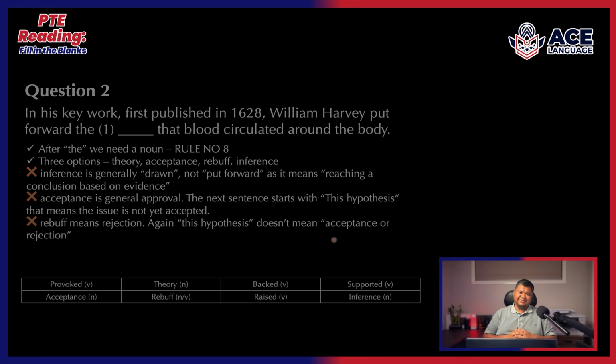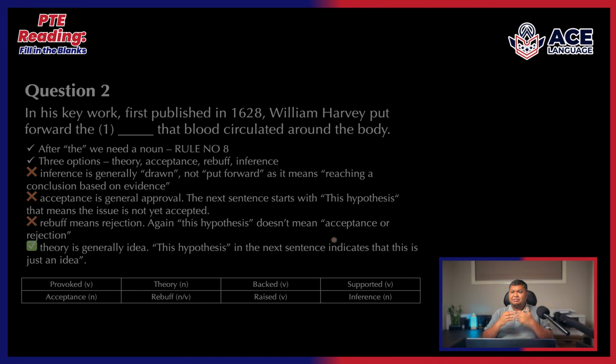It cannot be my answer as well. That means my answer here is theory. And also, theory means something that is an idea that has not been proven yet, that has not been rejected yet, which quite easily reflects the words after that, these hypotheses. So my answer for blank one is theory.